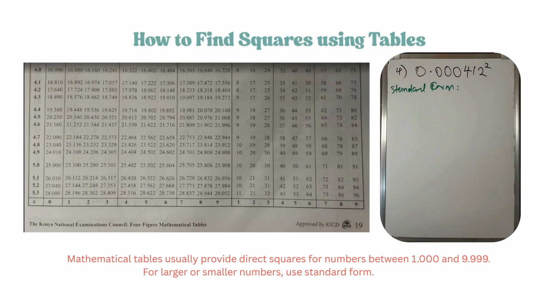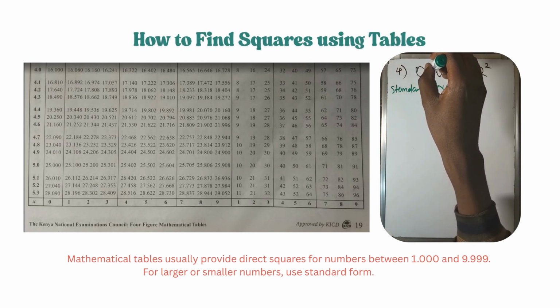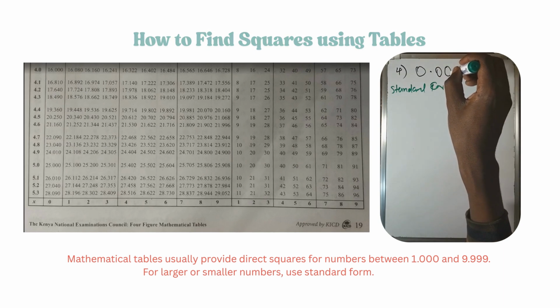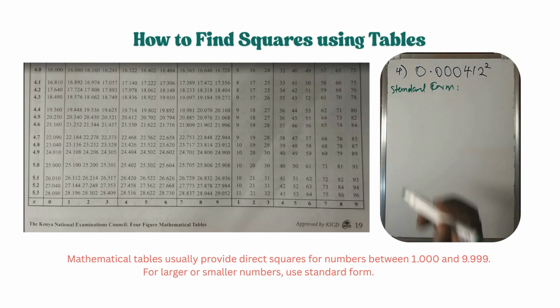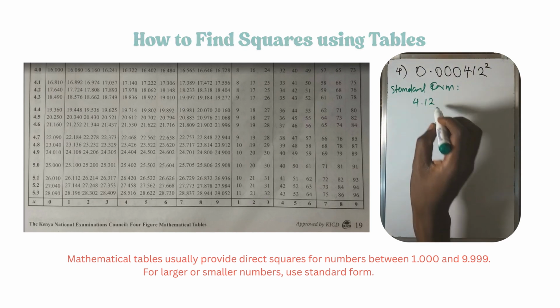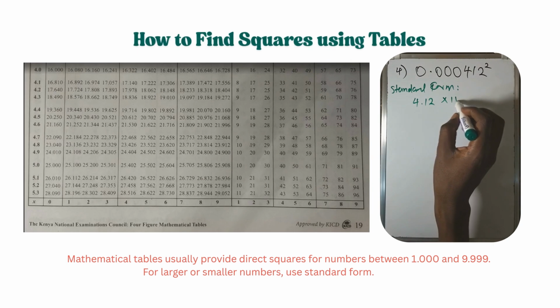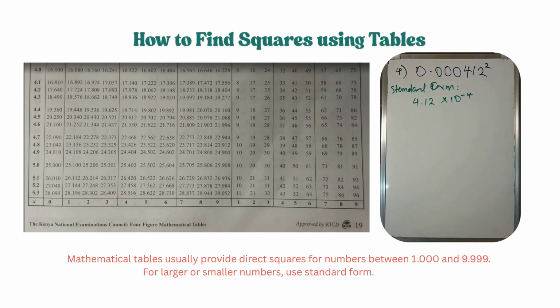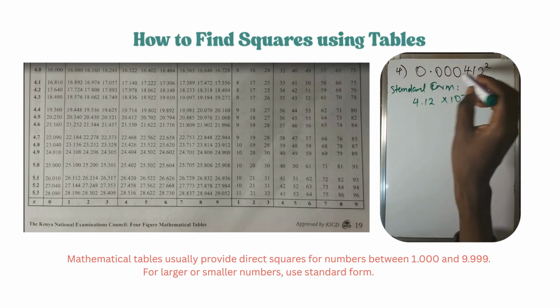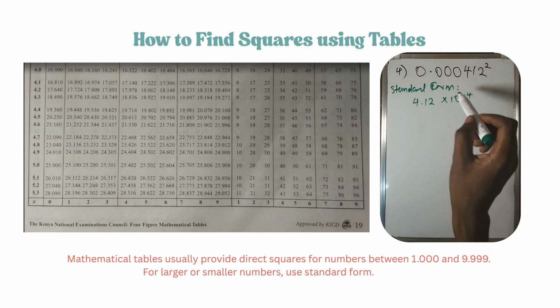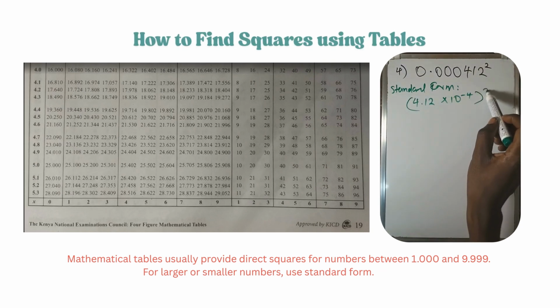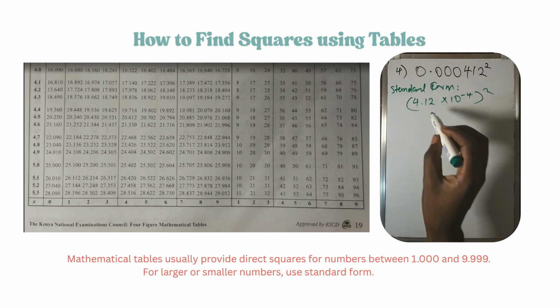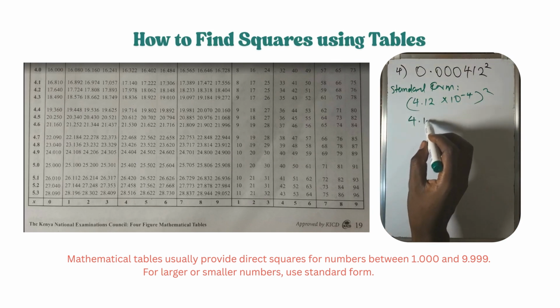For the standard form, this point will move 1, 2, 3, 4 places. So we're going to have 4.12 times 10, and because it's less than 1, the exponent will be negative. Now let's square this one, which is the same as squaring 4.12.